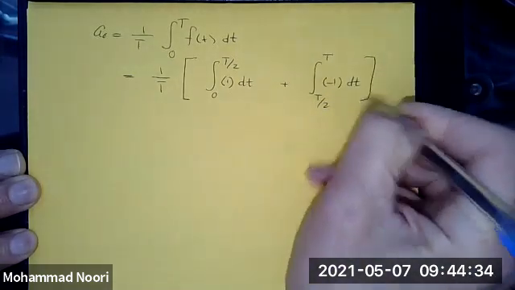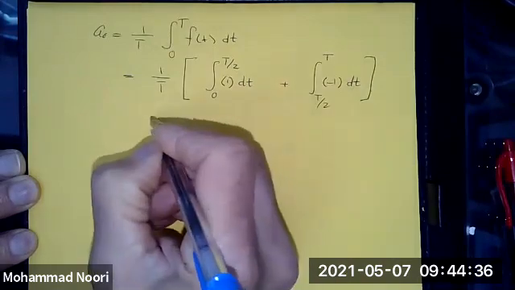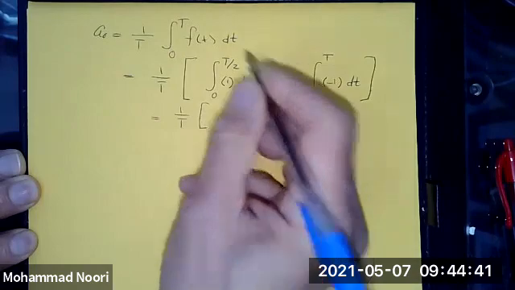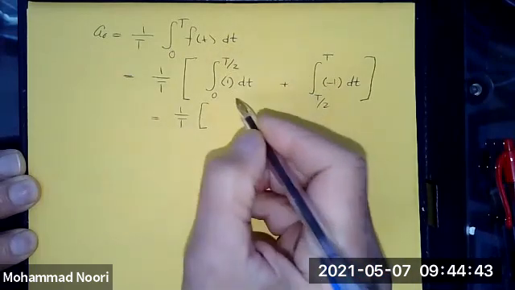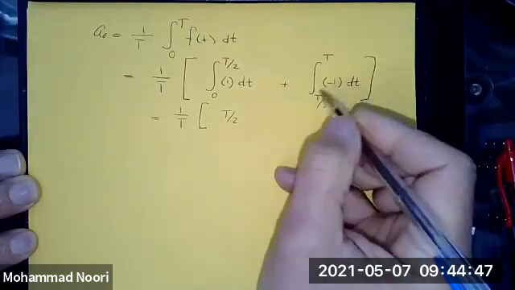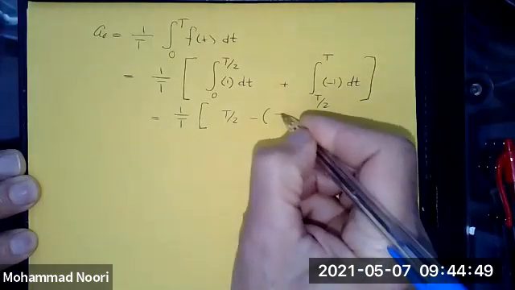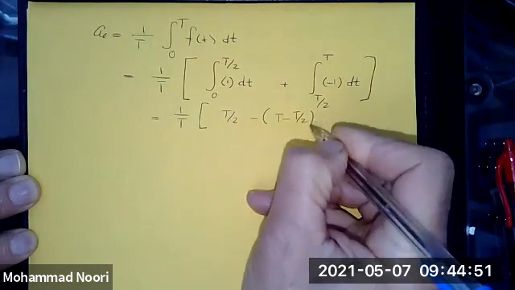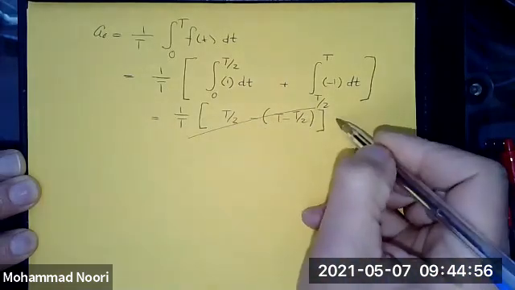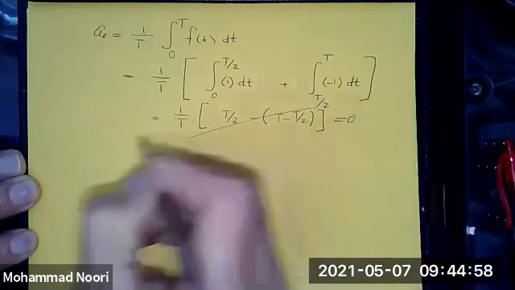That's it. If you perform these integrations, you can easily see that the outcome of this would be simply T over 2, and the outcome of this would be simply T minus T half. These two add up to 0, so this would be 0.